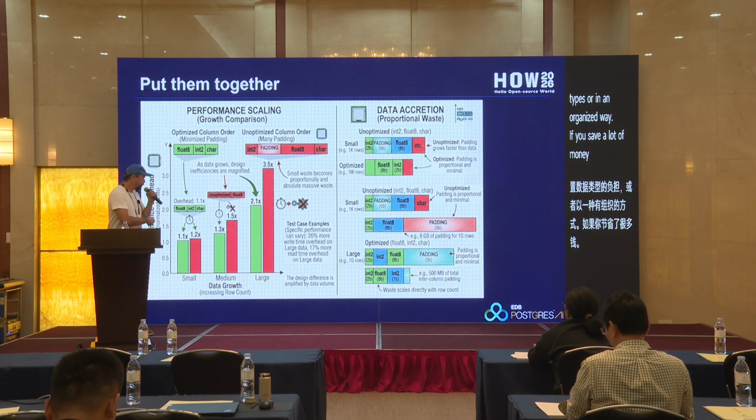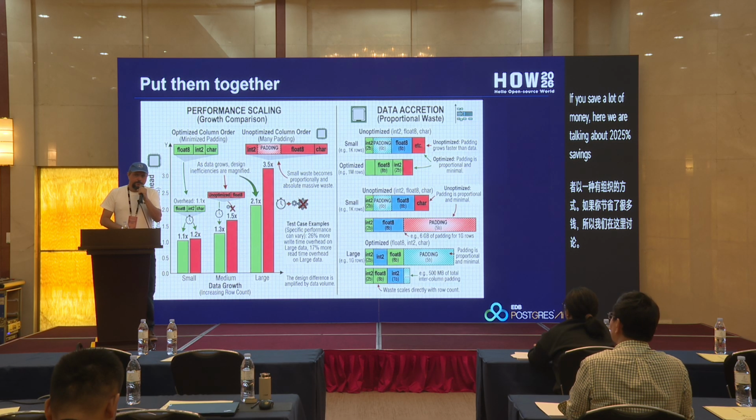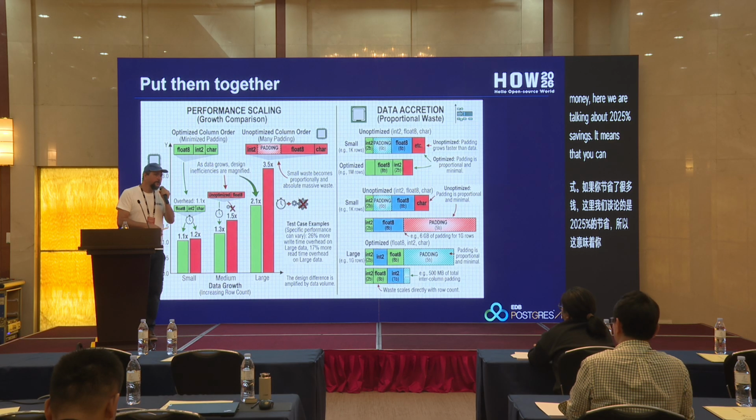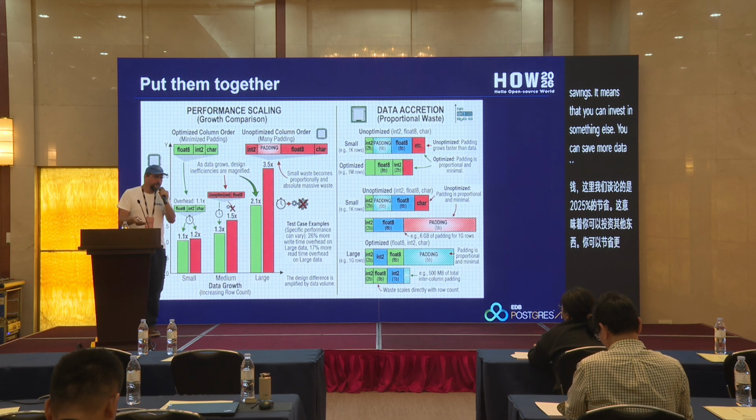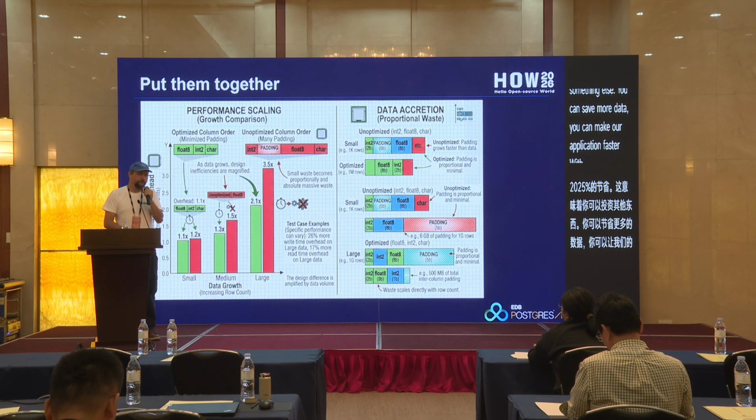Here we are talking about 20–25% savings. So it means that you can invest in something else. You can store more data. You can make your application faster with the same money.